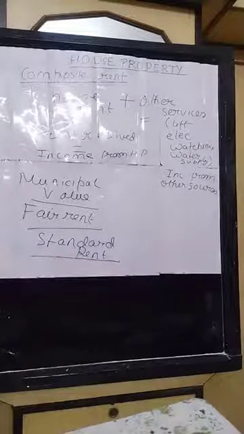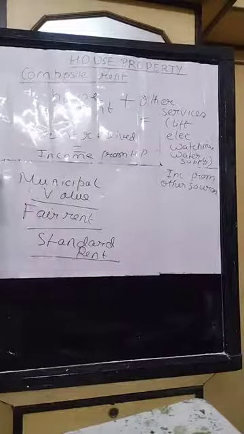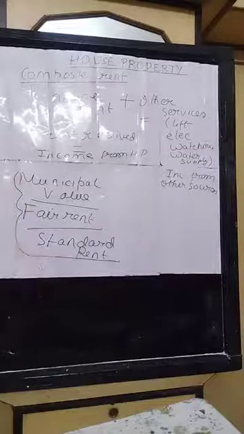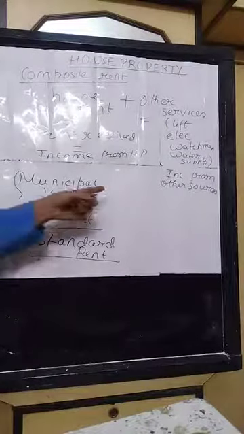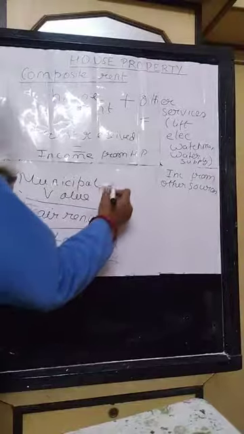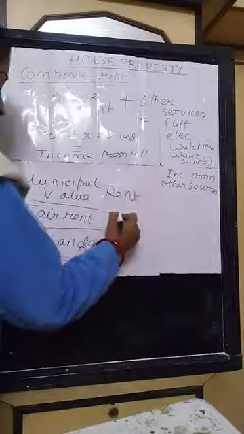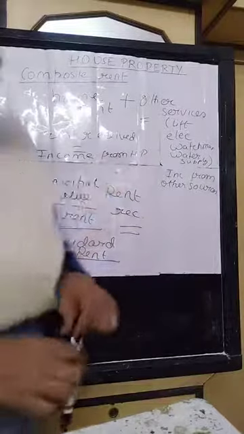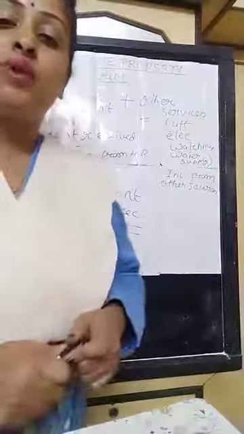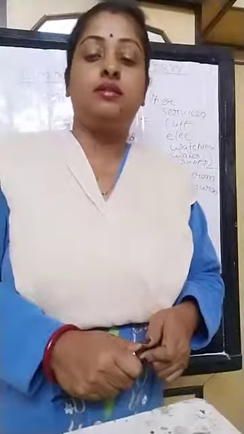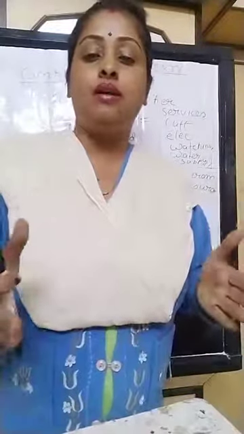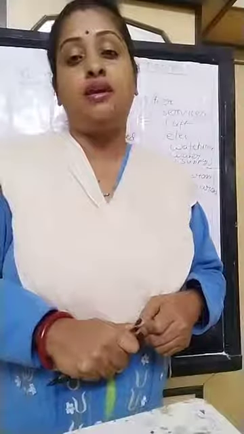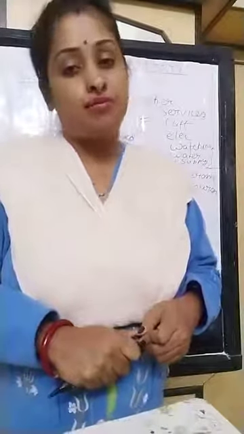These are the few important aspects that you should remember while calculating income from house property: municipal value, fair rent, rent received and standard rent. These things you must know. Why am I telling you? Because these will be considered while we find out the gross annual value, which is the main thing in calculating income from house property.